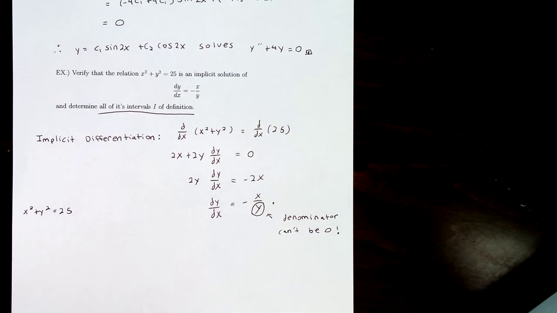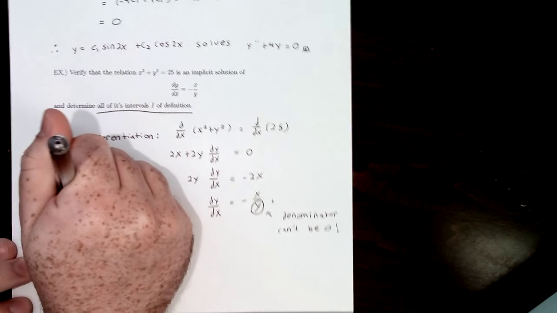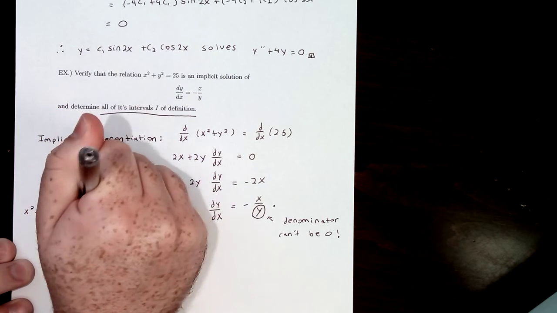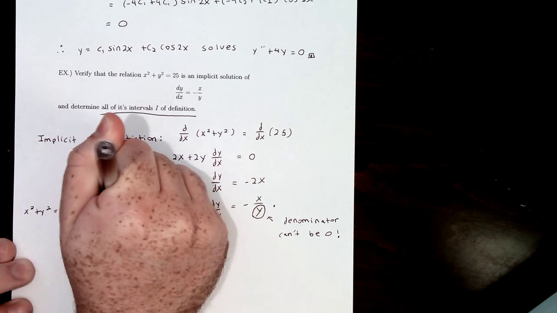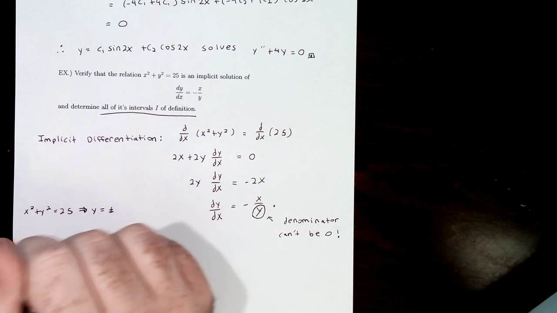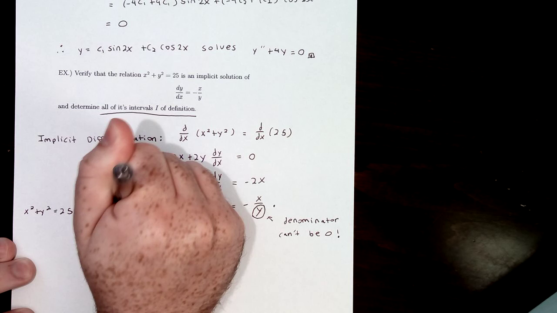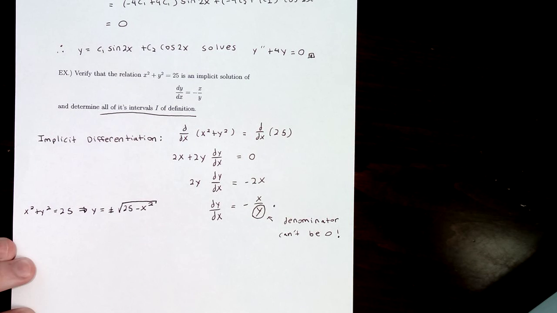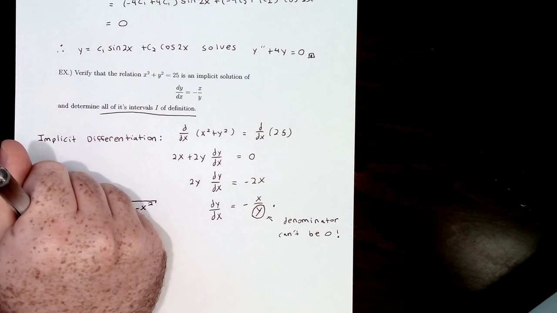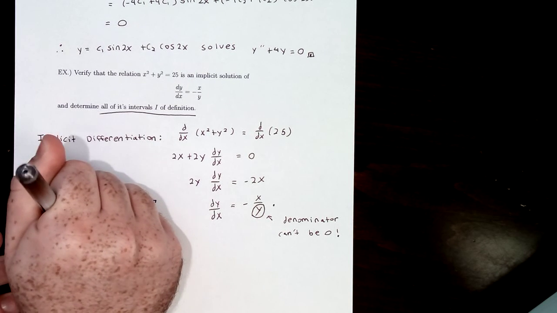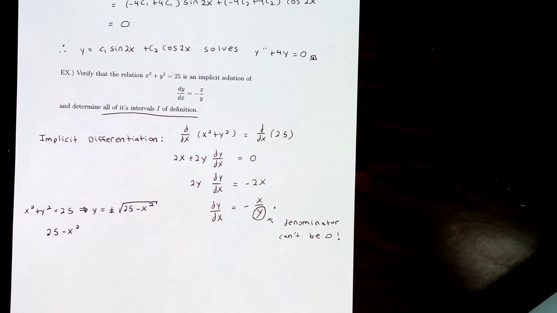So we have x squared plus y squared is equal to 25. This is going to imply that y is equal to plus or minus the square root of 25 minus x squared. And when we take a square root, we need 25 minus x squared to be in the domain. So if you recall the domain of a square root function, it is greater than or equal to 0.